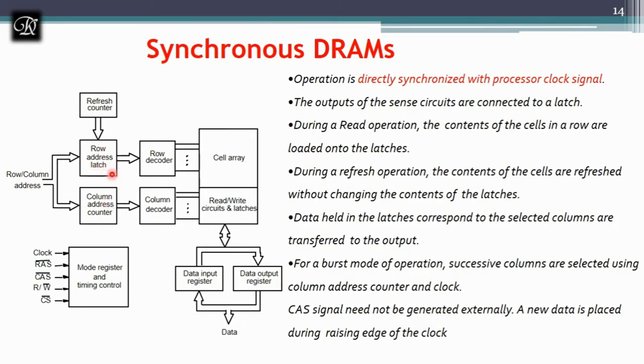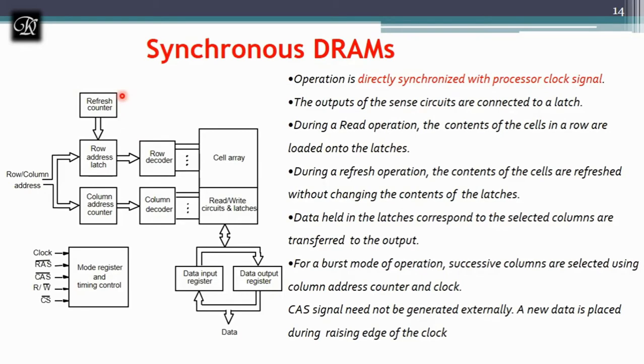Here, as we are aware, we have to have a refresh counter, and after some frequency it has to refresh. When it comes to asynchronous, the memory controller is responsible for generating the periodical refresh signals, but it is not asynchronous, it is synchronous now. So here we should have an additional circuit to tell after some periodical time.